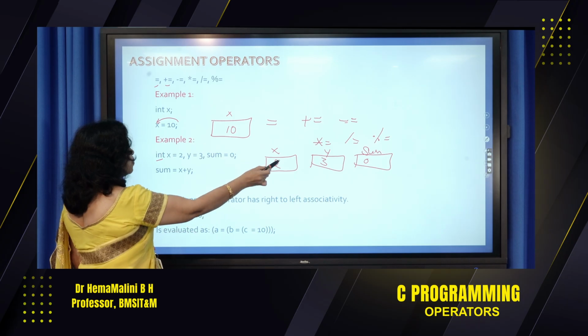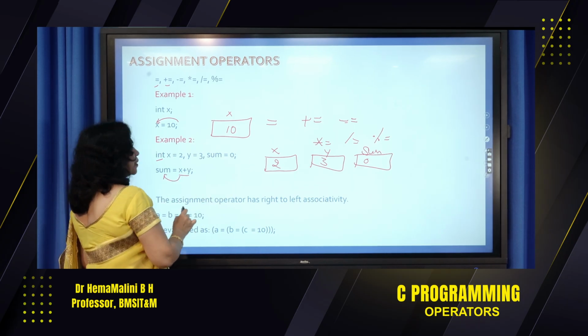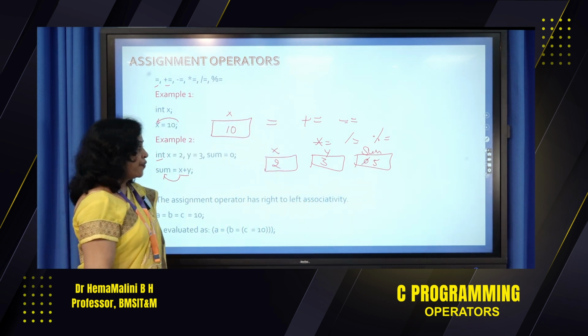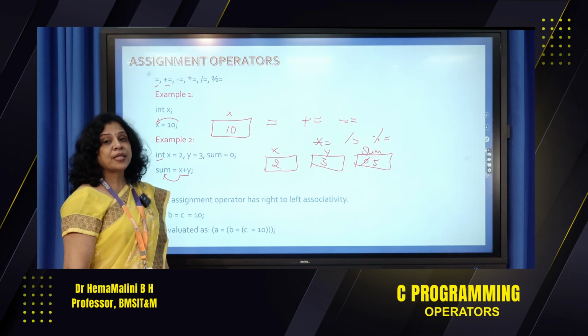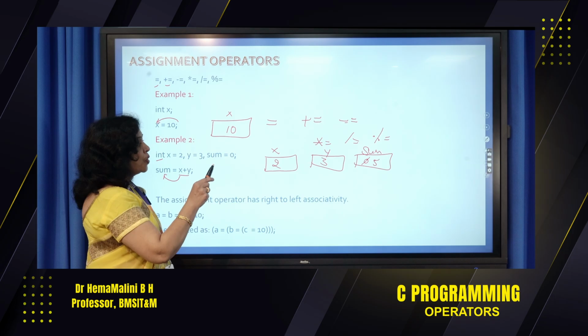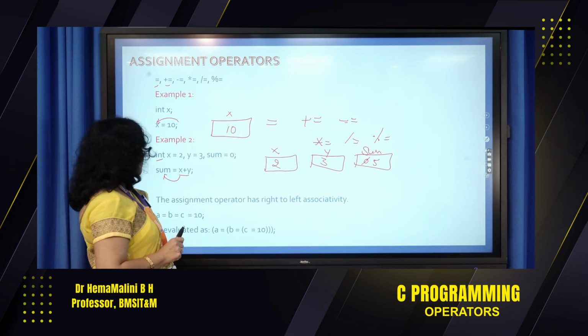So this is 2 plus 3, and the result is stored in sum. So sum will get a value 5. Any variable at any instance can hold only one single value. So whenever a new value comes, the old value is overwritten. This we will have to know.